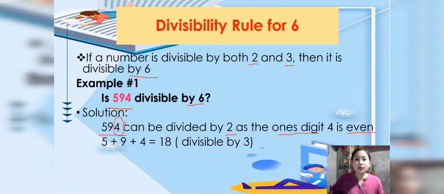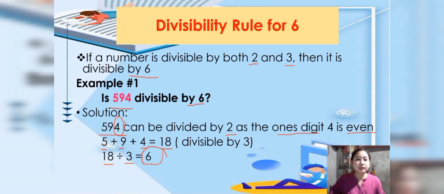Let us now add together all the digits 5, 9, and 4. The sum is 18. 18 divided by 3, the quotient is 6.